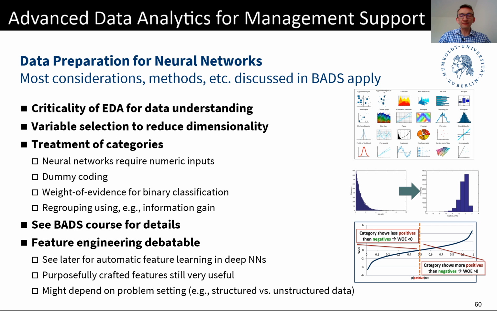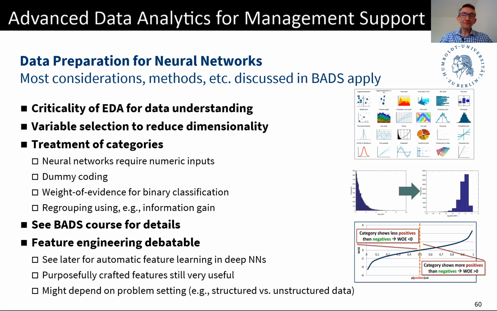On the other hand, maybe you can regroup your categories so that you don't have that many levels, optimizing the regrouping using decision trees and information gain, and then use dummy coding. These are just standard ways that are part of data preparation, and that are equally important in neural networks as they are with other machine learning techniques.